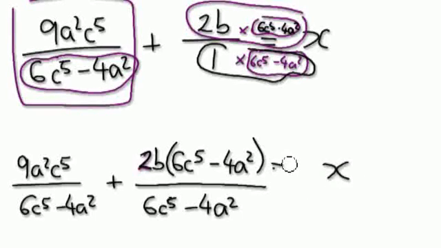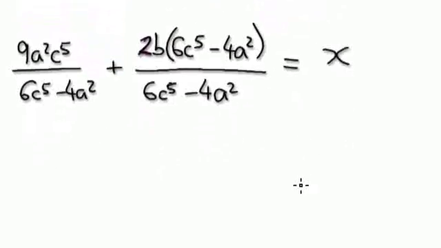Okay, this side is x, and let me tidy this up. So now the two denominators are the same. So you could multiply this out. Let's multiply this out.